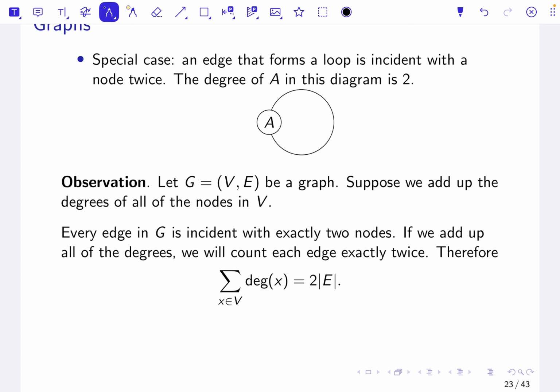So in this diagram, the degree of A is 2. If I added another node, then now the degree of A would be 3. It's got that edge, this endpoint of that edge, and that endpoint of that edge.